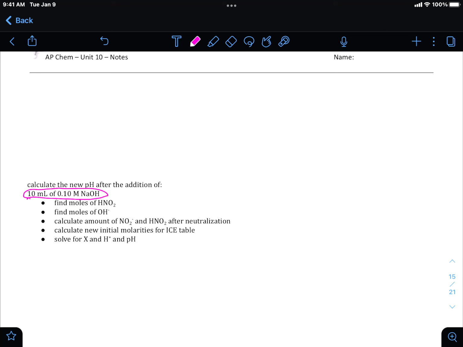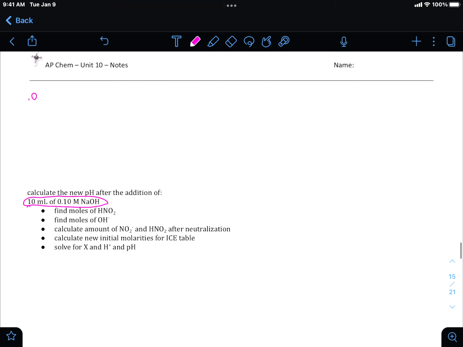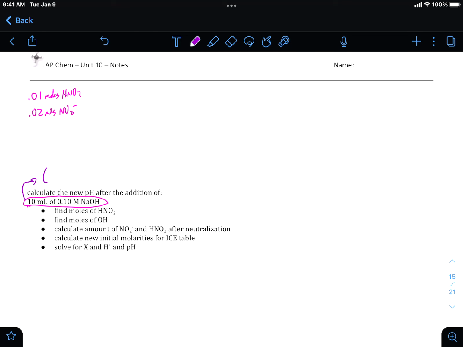We had 0.01 moles of HNO2 and 0.02 moles of NO2 minus. This is what we had at the beginning. And what are we adding? We are adding base. 0.01 liters times 0.1 molar. So again, 0.001 moles, but this time it's base.